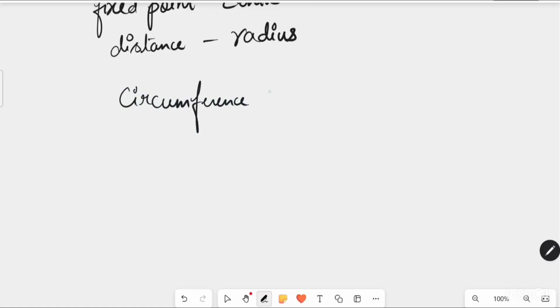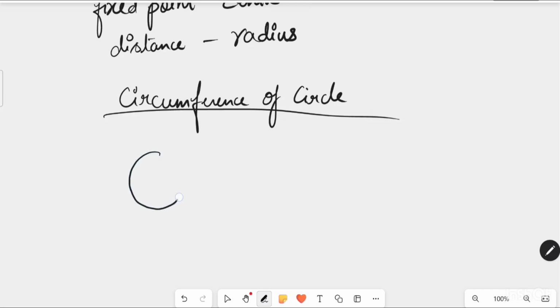Now circumference of a circle. The distance covered by traveling once around a circle is called the circumference, or the length of the boundary of a circle. If you cover this one round, it is the circumference of the circle.